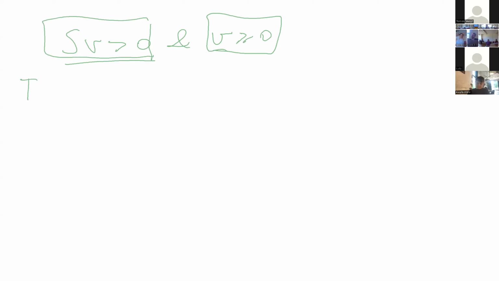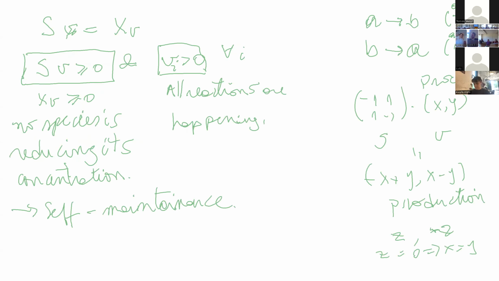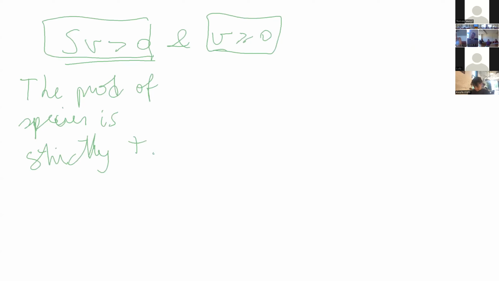You're still gaining mass in those. The production of species is strictly positive. So we don't have, like as we had before, larger or equal. Now we have strictly larger.